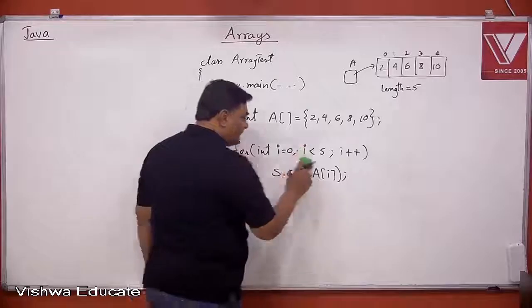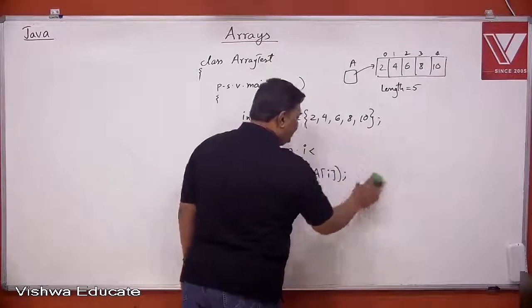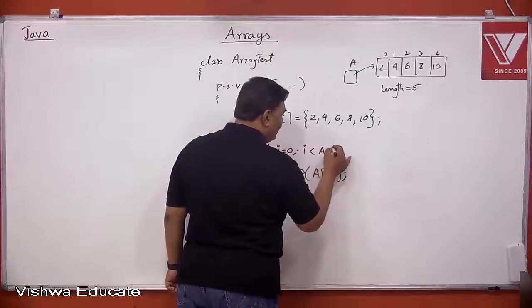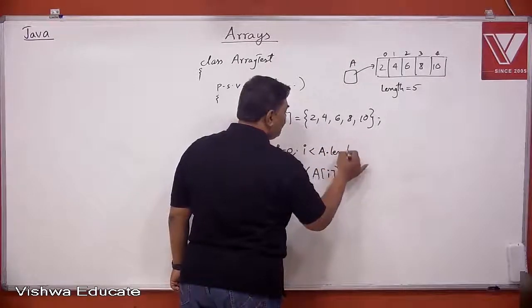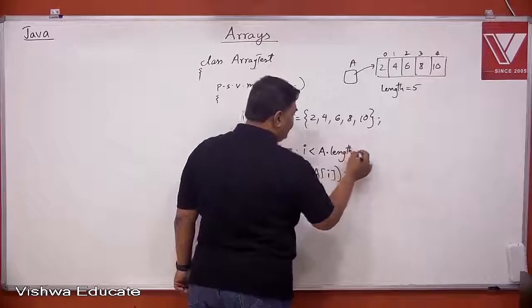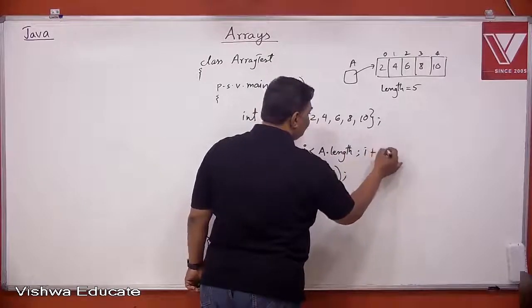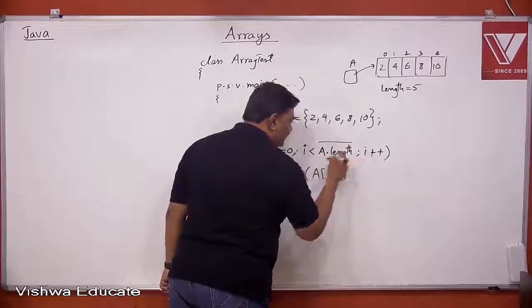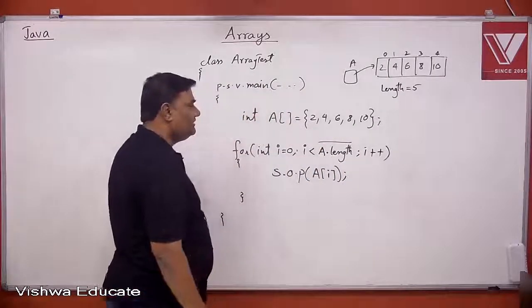So instead of writing 5 here, I can say i is less than a dot length. When you access the property, you can use the dot operator for accessing it. So this is how you can display all the elements. This is the change here. You can see I have written a dot length.